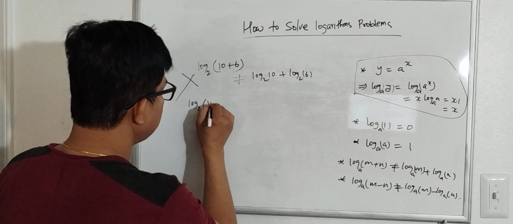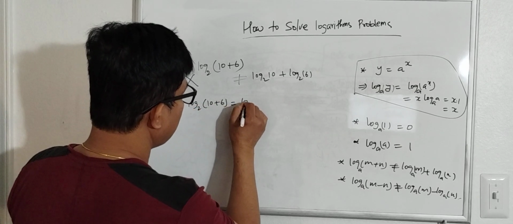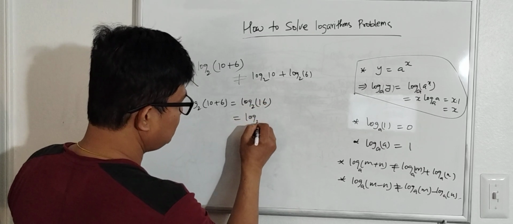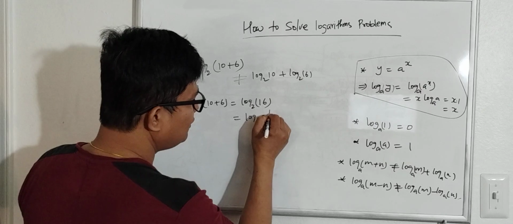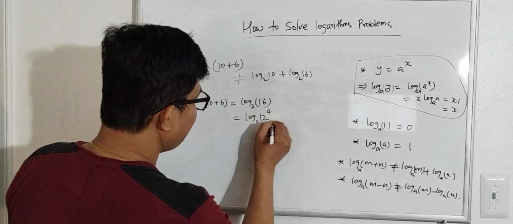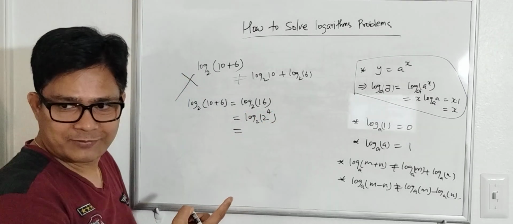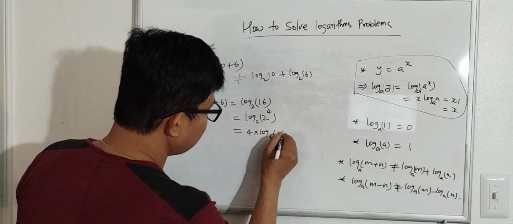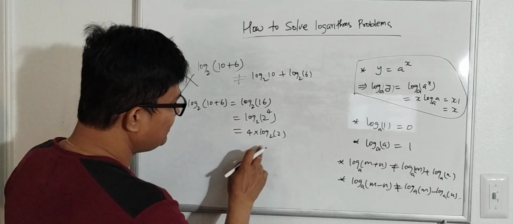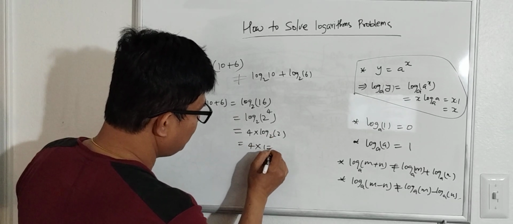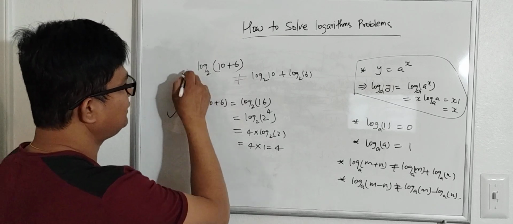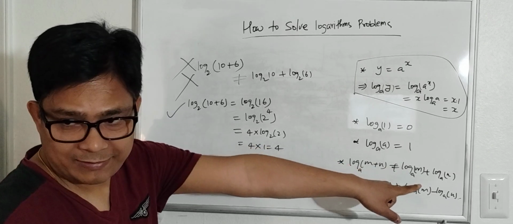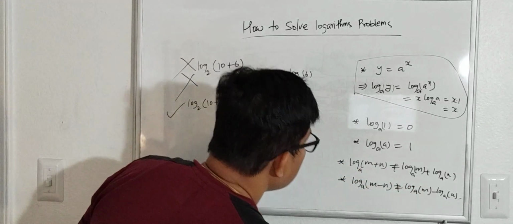You do the sum, 10 plus 6, which becomes log base 2 of 16. Correct? Now log base 2 of 16 is what? 2 power 4. From the exponent formula we learned, this becomes 4 times log base 2 of 2, and since the base and number are the same, that becomes 1, which is 4. So this is the correct way, and the other is not. Always remember, never try to expand.